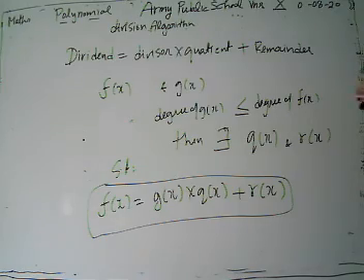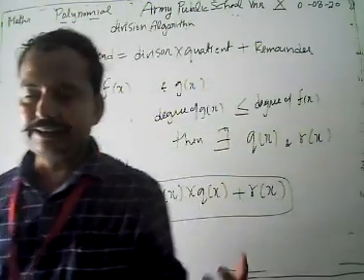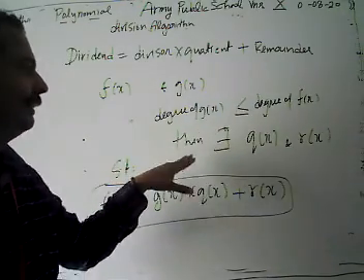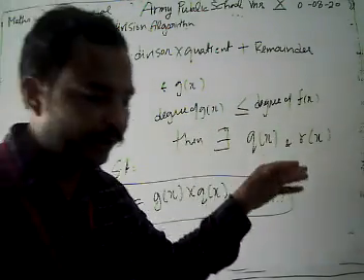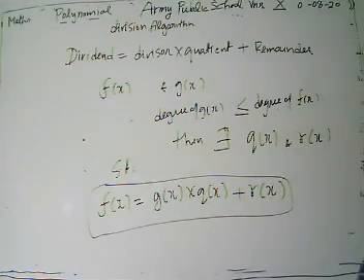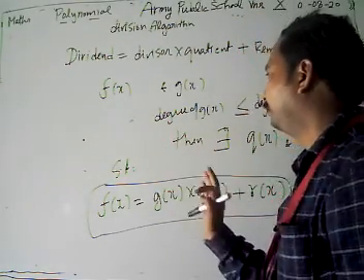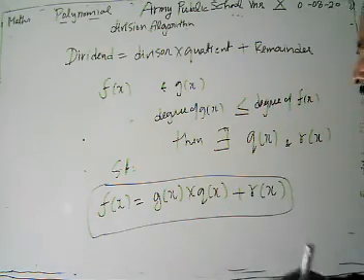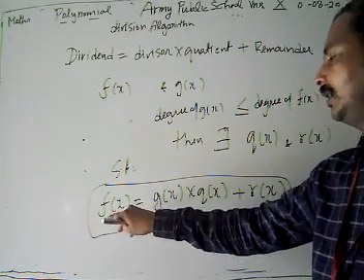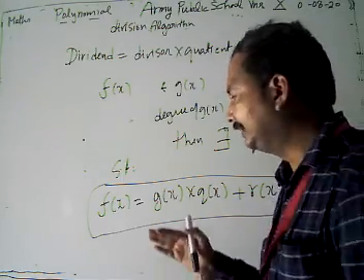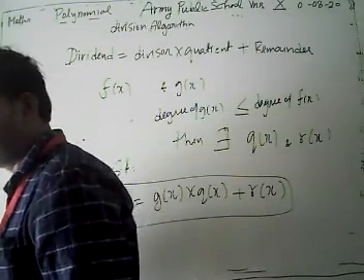If we have two functions f(x) and g(x) such that the degree of g(x) is less than or equal to the degree of f(x), then there exist two polynomials such that f(x) equals g(x) into q(x) plus r(x). This is our division algorithm of polynomials.